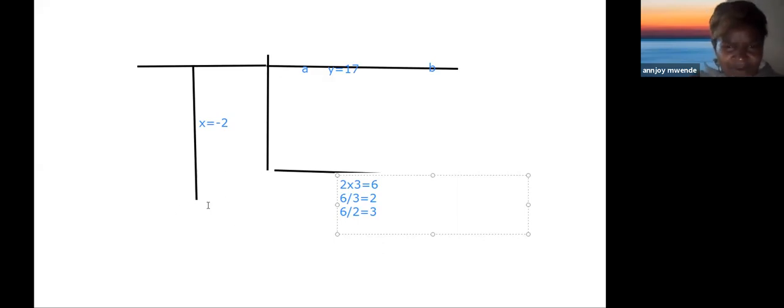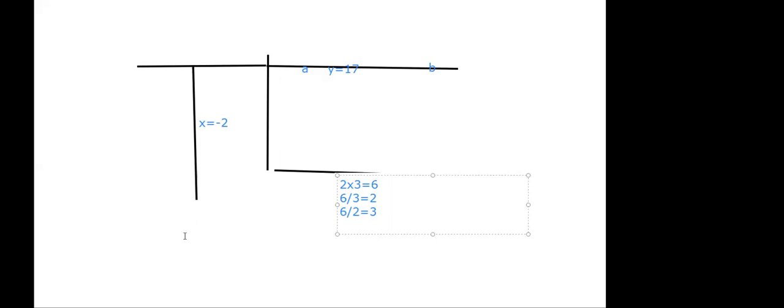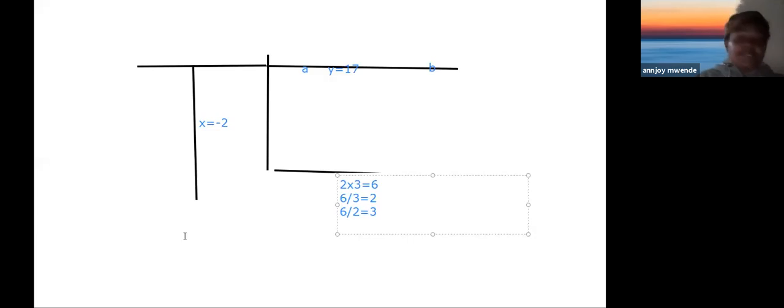It is on the lower part of the x-axis, on the negative side. So I'll draw a line passing through x, perpendicular to y equal to 17. I cannot draw the line of y equal to negative 2, because the line of y equal to negative 2 and the line of y equal to 17 are parallel lines.